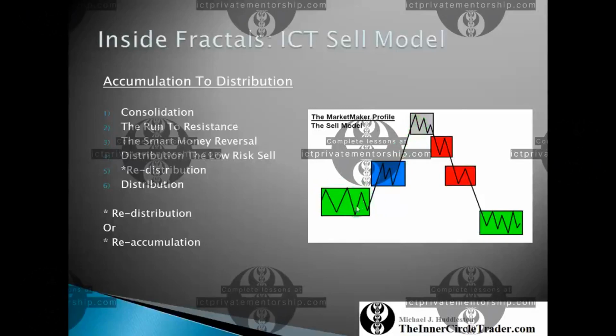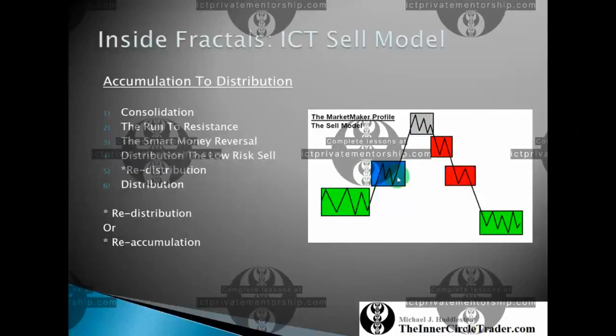Any longs that they would have accumulated in here or hedged on a larger time frame position, maybe this is a short bear market, and they would have accumulated some long positions to hedge during an anticipated move higher that would set up a longer term additional selling point where they could get more short positions in the marketplace for their longer term trade lower. So they could accumulate longs in here to do what? To hedge their short position.